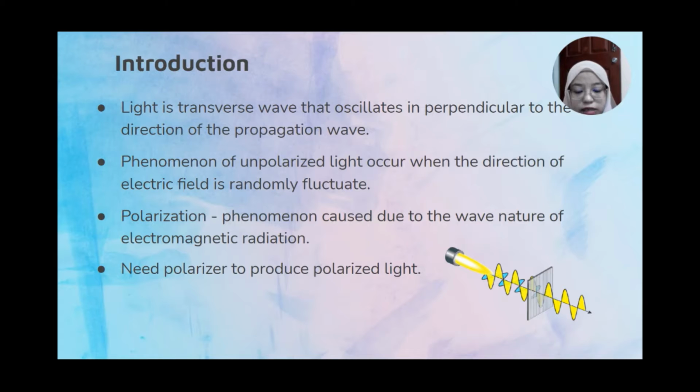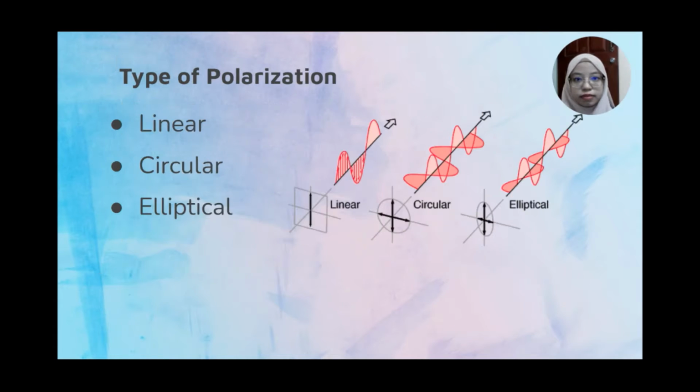Polarization is a phenomenon caused by the wave nature of electromagnetic radiation. In order to produce polarized light, we need a polarizer as a filter, which allows a single wave of a polarization to pass through.